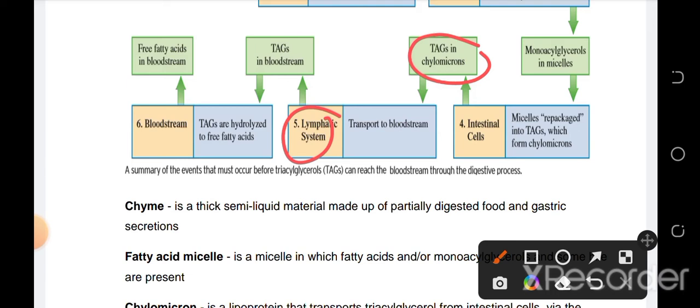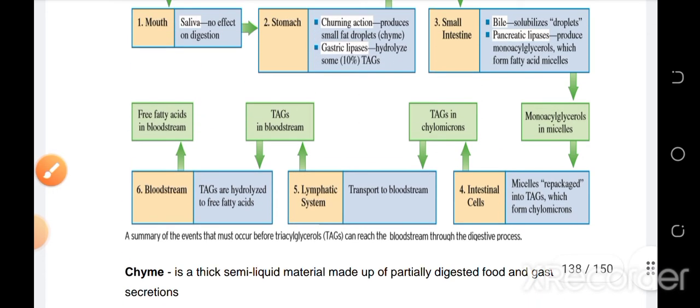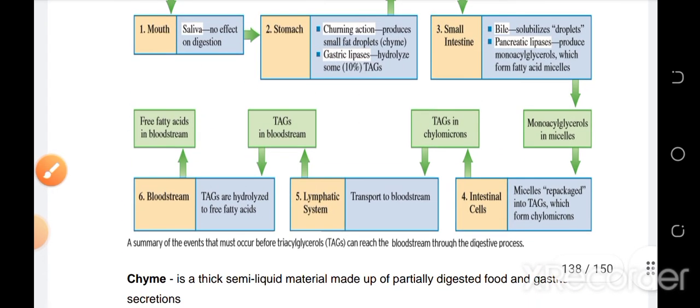Okay, so from that intestinal cell, the triacylglycerol now, no longer the monoacyl, triacylglycerol in the chylomicrons will go now to the lymphatic system, which are transported to the bloodstream, and then from that, the triacylglycerol in the bloodstream will now be hydrolyzed. So, sa bloodstream pa lang siya, fully hydrolyzed into free fatty acids. And therefore, that would be the production of free fatty acids in the bloodstream. So, na-breakdown na, fully hydrolyzed na siya.